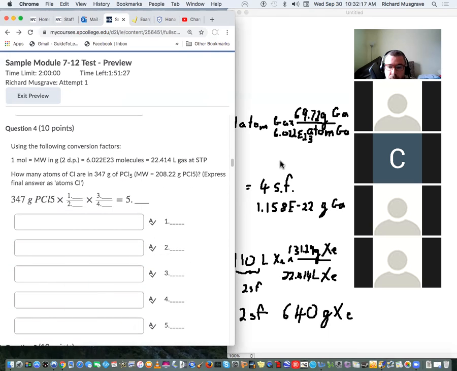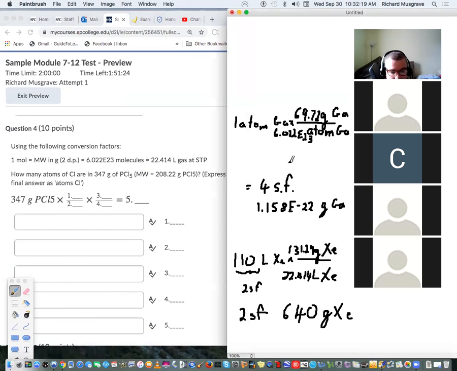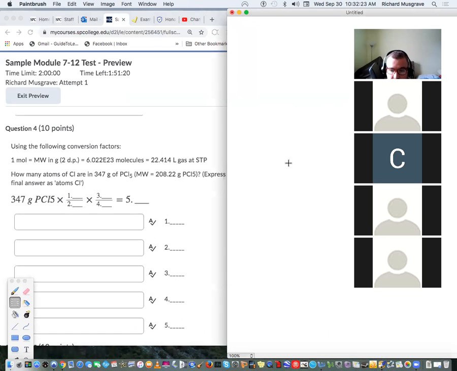So let's look at number 4 here. Now, number 4 is always going to be of this type. It's going to be one where you will have 2 steps that you'll need to do. Okay, so we've got 347 grams of PCl5.